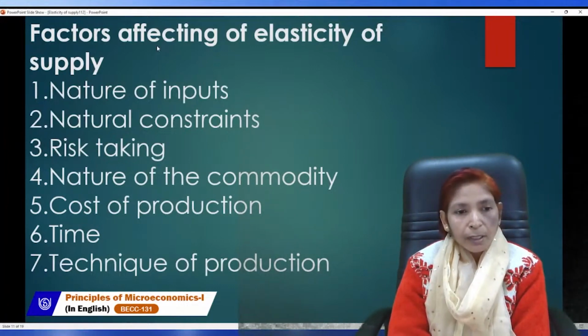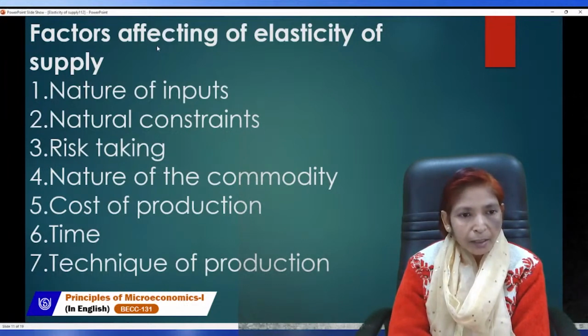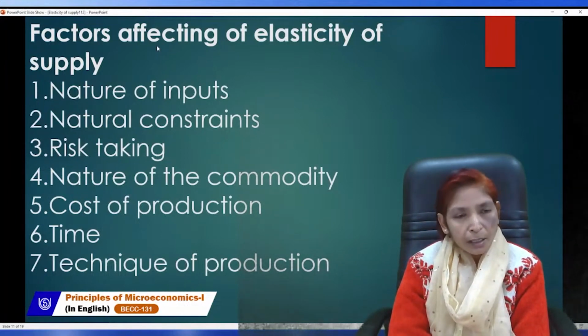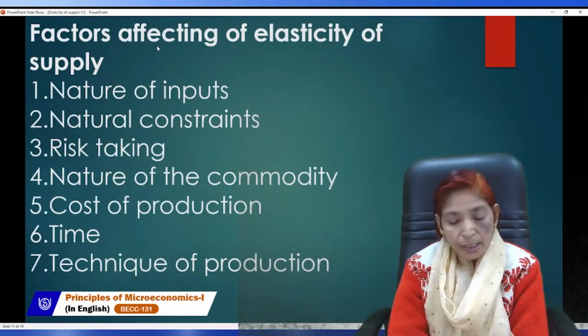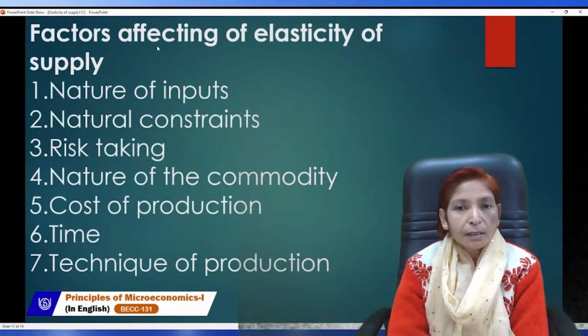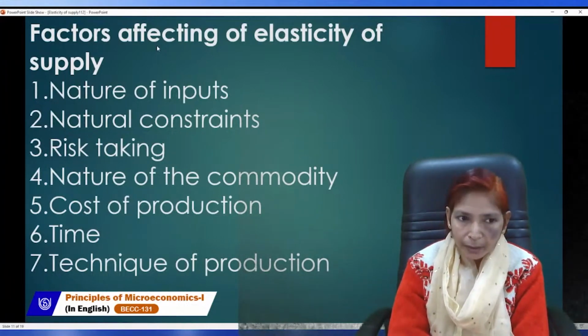And if an entrepreneur or businessman does not want to take any type of risk, he wants to avoid the risk, then elasticity of supply will be inelastic or less elastic. So risk taking also affects the elasticity of supply.